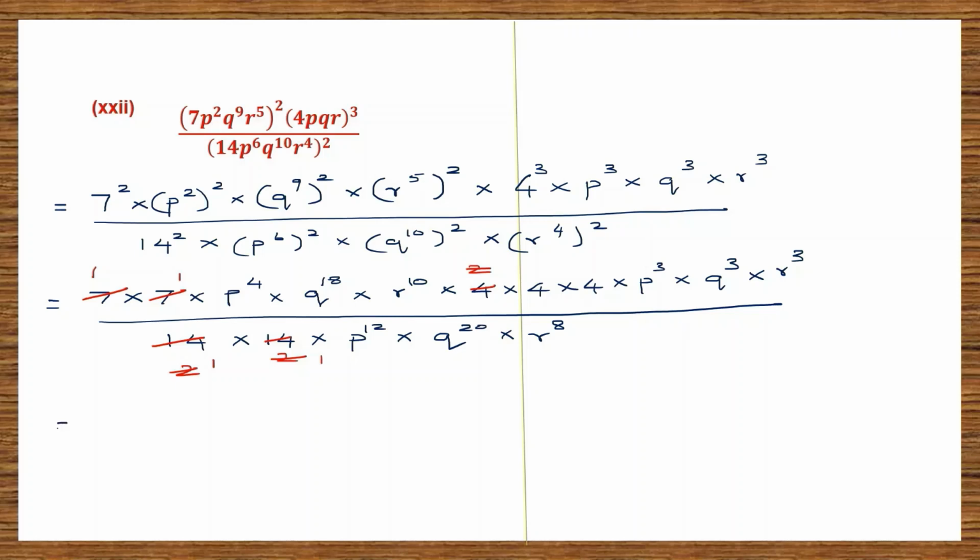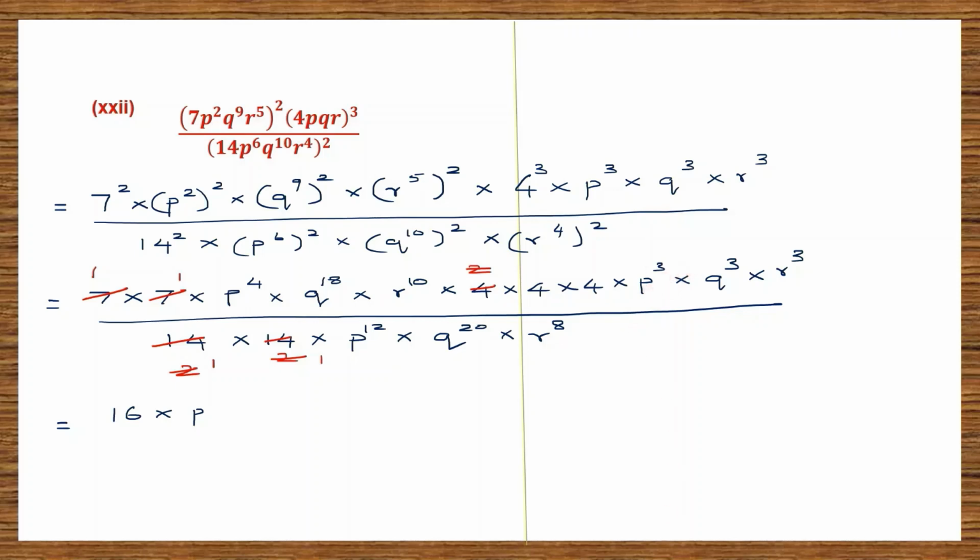So let's look at the numerator. We have p to the power of 4 here and we have another p here. Then we have q, we have another q. That means we can work on those. So first let's take the numbers. What are the numbers here? 1 into 1 is 1, so we can leave that out. Here we have 4 4s are 16. So let's take that. So 16 into p to the power of, now let's see what we can do. p to the power of 4 and p to the power of 3.